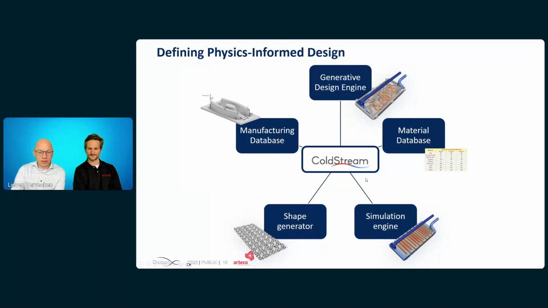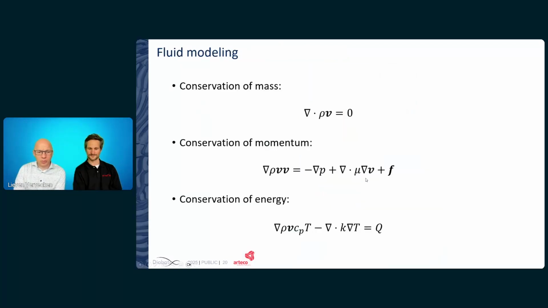To illustrate the impact of the coolants on the physics itself, I briefly listed here the Navier-Stokes equations. Probably for some these are familiar. For others, don't worry if you don't fully grasp what you see on the screen.